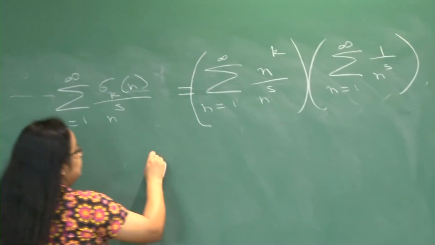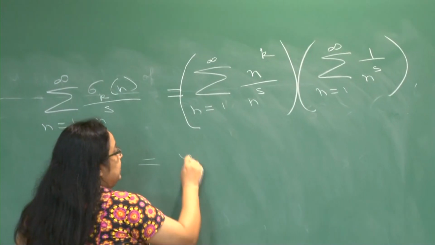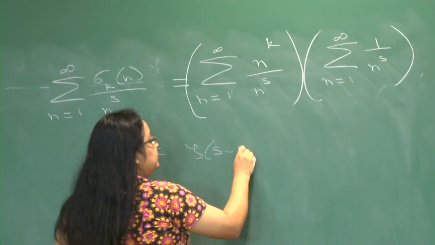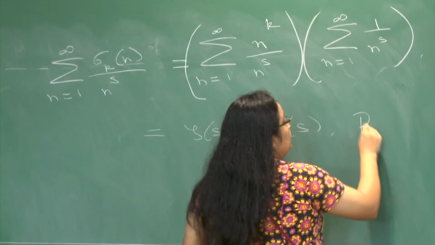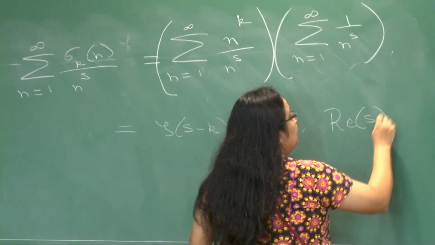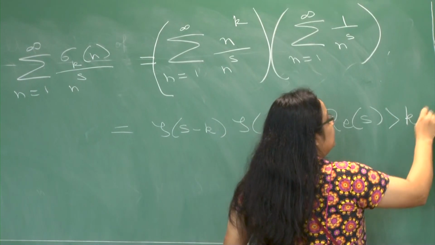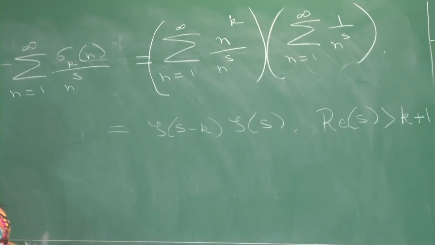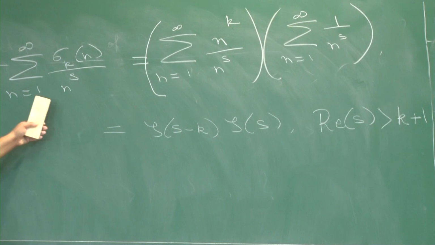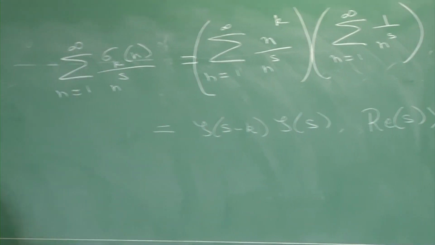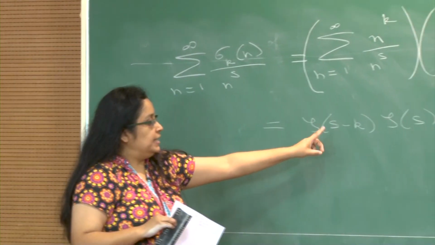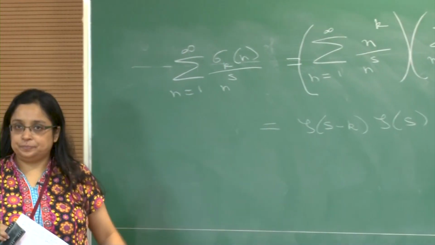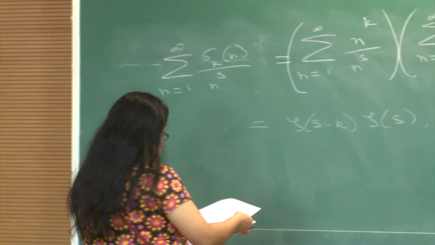So, this is basically zeta of s minus k times zeta of s when real part of s is greater than k plus 1. In this domain, you can write the Dirichlet series corresponding to the sums of kth powers of divisor function as a product of zeta functions at two different values. This is also an important identity.